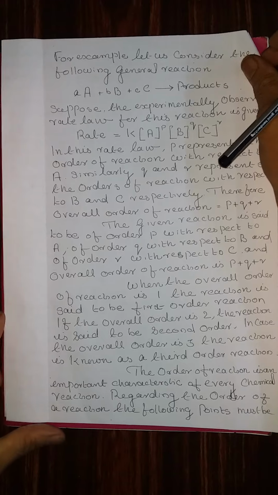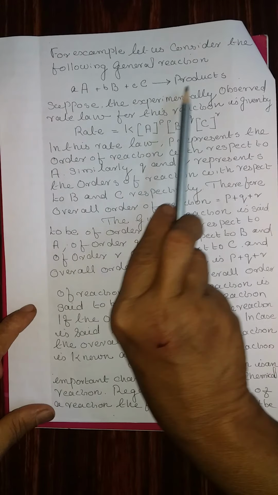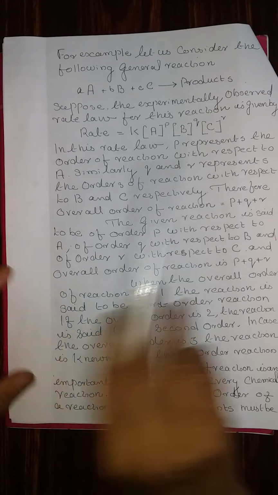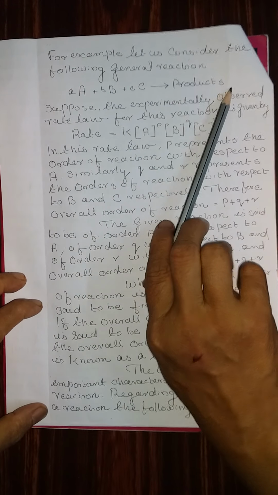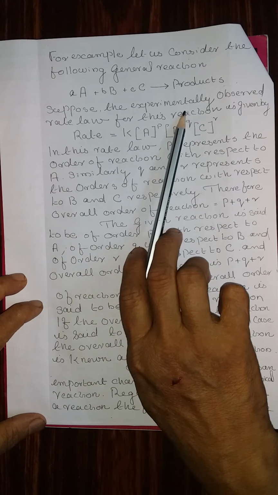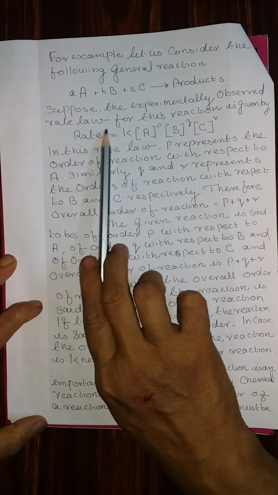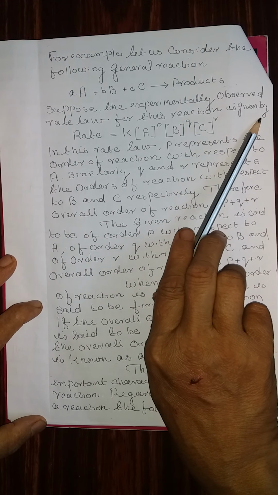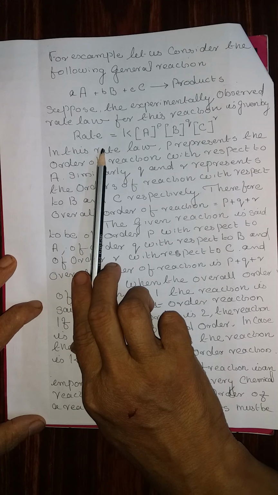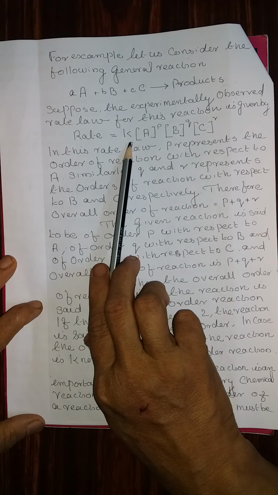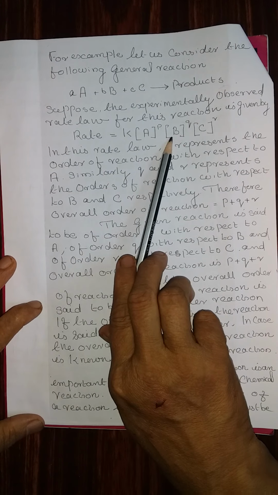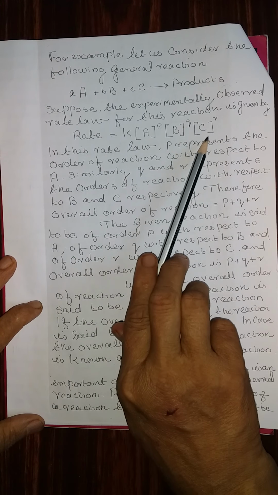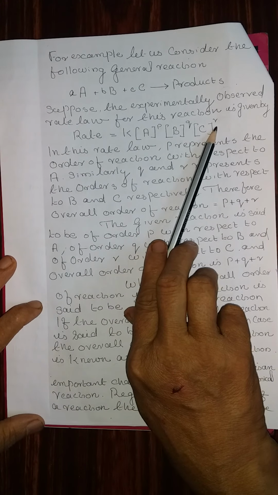For example, let us consider the following general reaction: aA + bB + cC giving product. Suppose the experimentally observed rate law for this reaction is given by rate is equal to constant k, concentration of A raised to the power p, concentration of B raised to the power q, concentration of C raised to the power r.